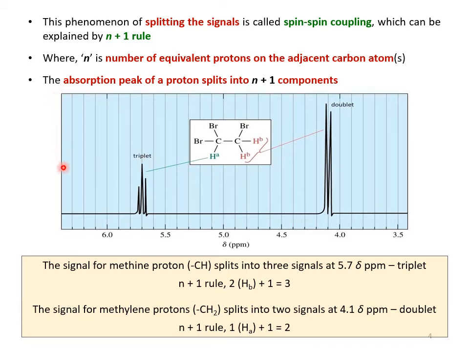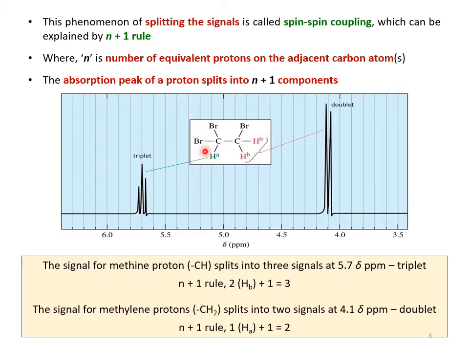This is the NMR spectrum of 1,1,2-tribromoethane, wherein we can see 5 absorption peaks, among which a group of 3 peaks is the signal for the methine proton, and a group of 2 absorption peaks corresponds to the signal for the methylene protons.